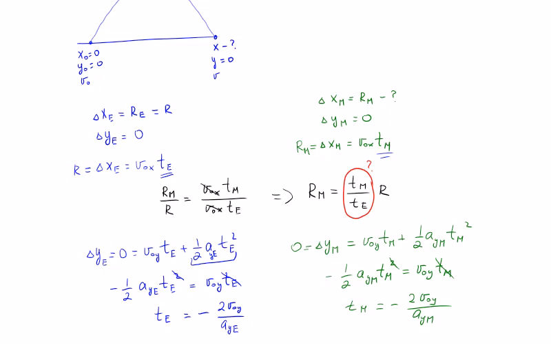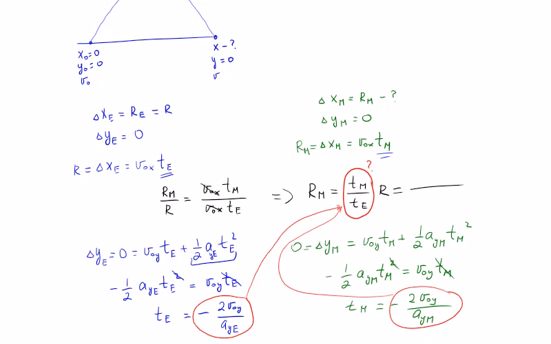Now let's plug in our values for t on the earth and t on the moon in our expression. That will give us, okay, so t on the moon is -2 v naught y over a y on the moon, and then t earth is -2 v naught y over a y on the earth. This will cancel out.